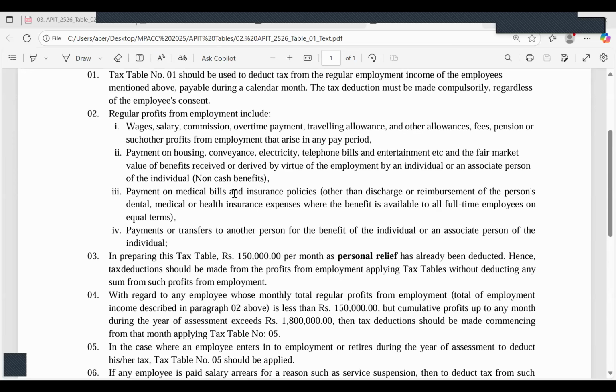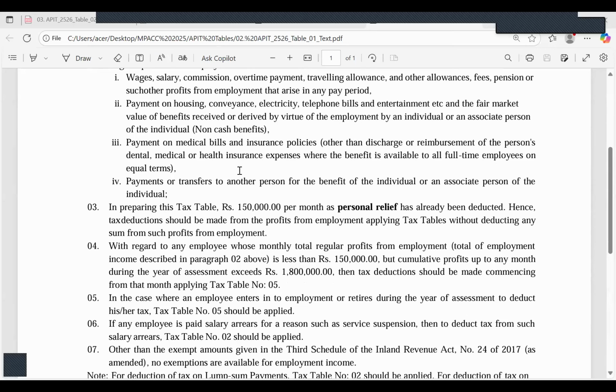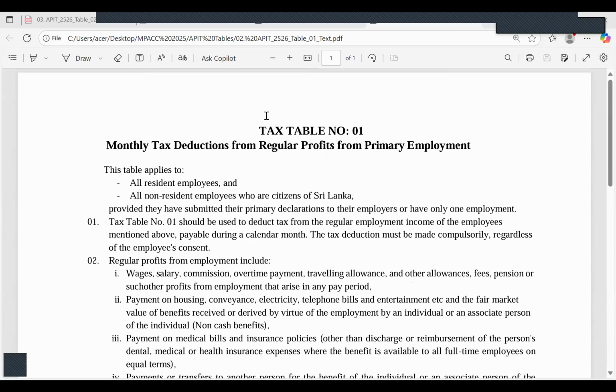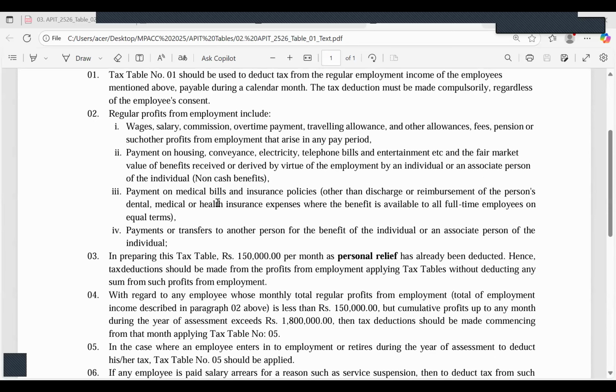Then medical bills reimbursement, insurance policy reimbursement, like that. Then other benefits. So for the calculation of APIT on this kind of regular income, we are using table 1. An employer can use tax table 1.